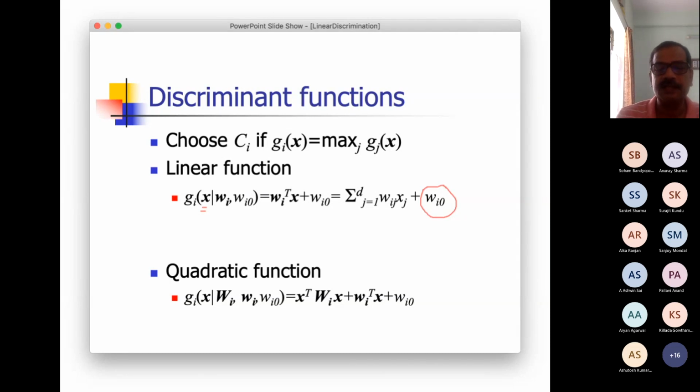In the corresponding matrix algebra, it can be very conveniently represented by this form, where you can see that the parameter space consists of, say, Wi. So these are the set of parameters. This is a matrix. If the dimension is D, it's a D cross D matrix. Similarly, this is a vector of dimension D.